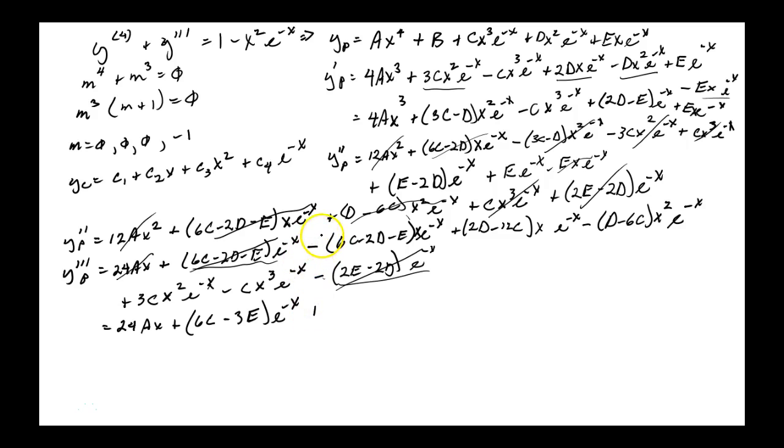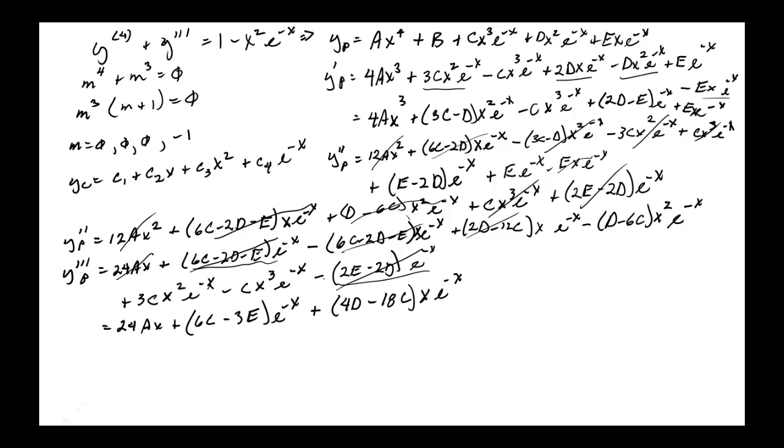Okay, and this minus 2d is going to be plus 2d is 4d, and minus 6c minus 12c is minus 18c times x e to the minus x. I hope. Goodness gracious, this is getting rotten. Okay, that's taking care of those two terms. Okay?